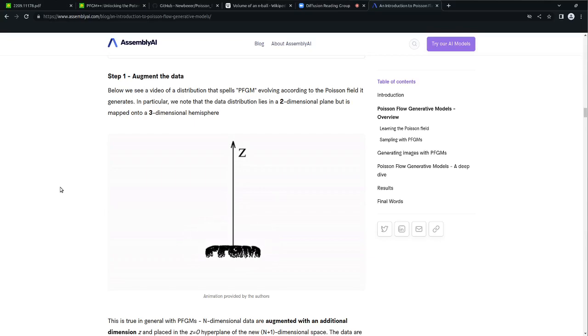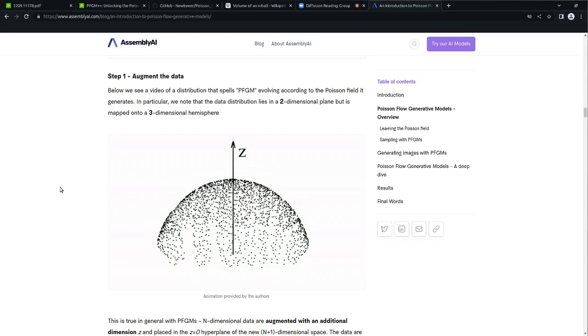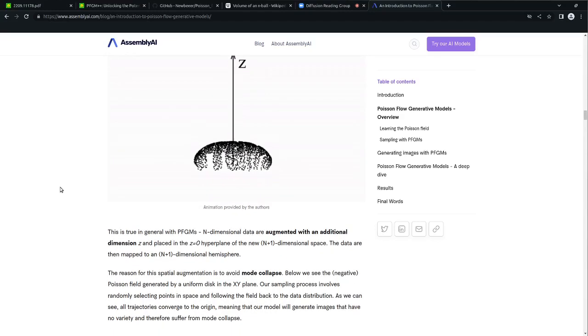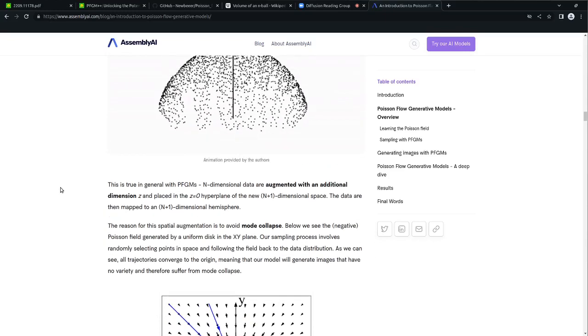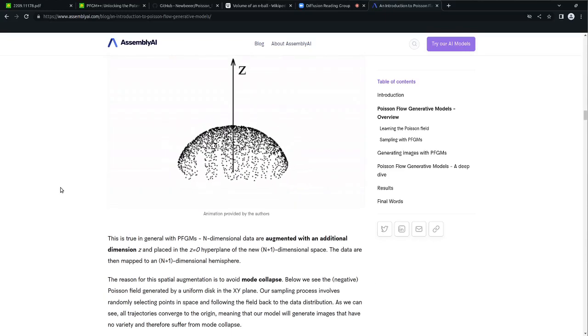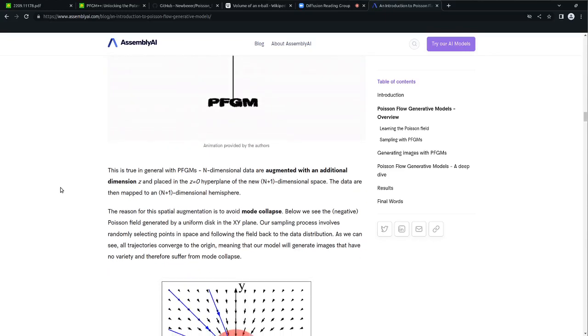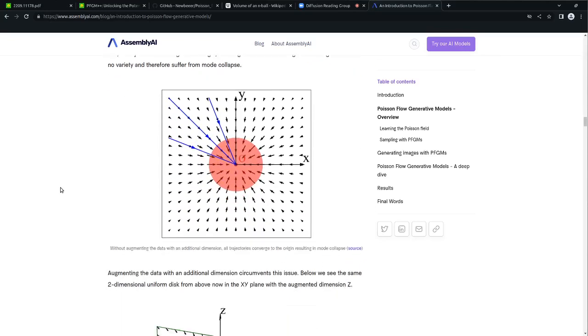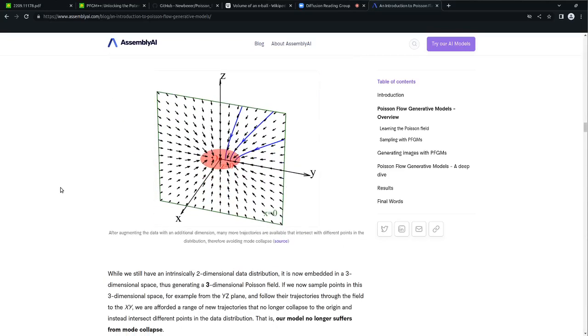I mean, you do have some stochasticity in the way that you approximate the Poisson field from your data distribution, and you get some amount of noise. But yeah, presumably it's not something that's purely stochastic.